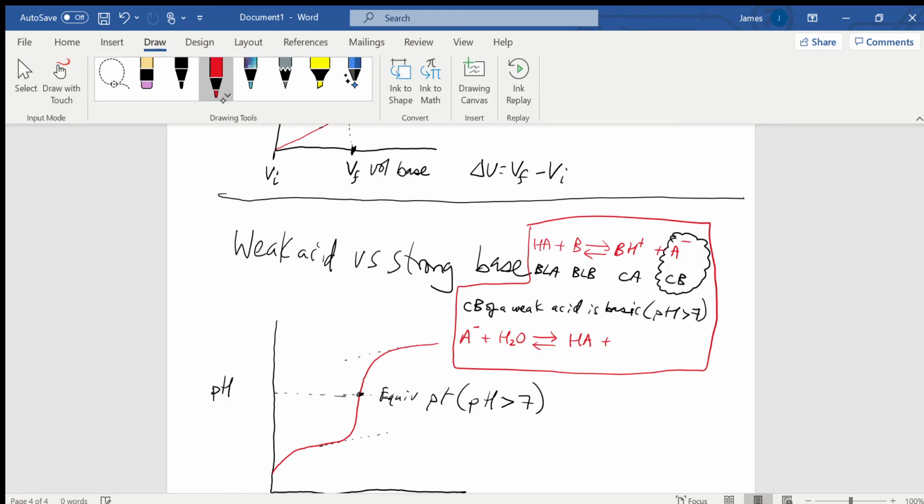And by deprotonating water, it's going to release hydroxide ions. And this is what gives you the pH greater than 7 at the equivalence point. It's the in situ generation of hydroxide ions. Okay, so notice it's not the strong base that you add, it's the strong base that's produced during the reaction.